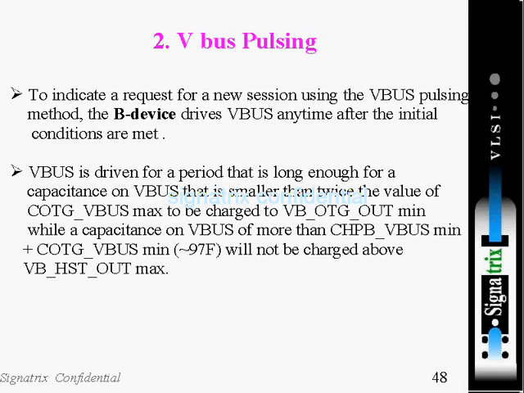You may have the doubt: a B device does not have the capability to generate power, right? But during this session request protocol mechanism, it will generate a small amount of power to drive this VBus. After that it will not drive, because it will get the power from the host.